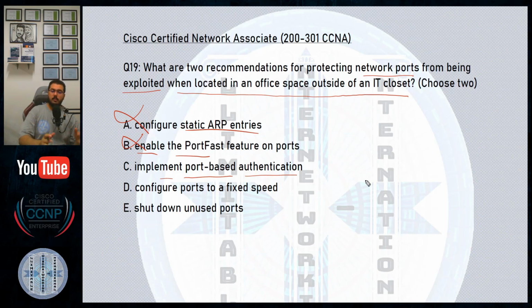So implement port-based authentication. This means that you will connect to whatever port you have in the network. You type your credentials. The port itself will send the credentials to the AAA server. When the AAA server replies with authenticating and authorizing, the port will authenticate itself. And once that port is authenticated, then your device is good to go and make use of it. So C is correct.